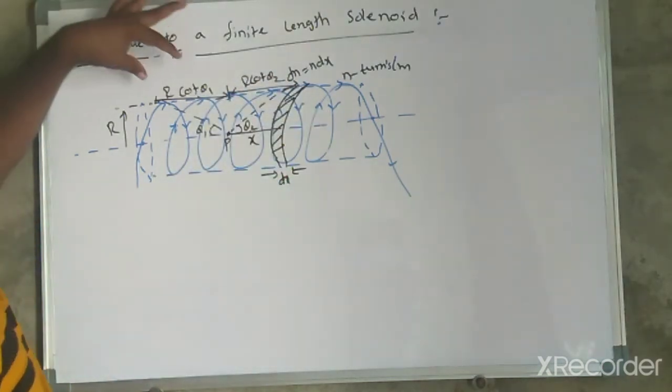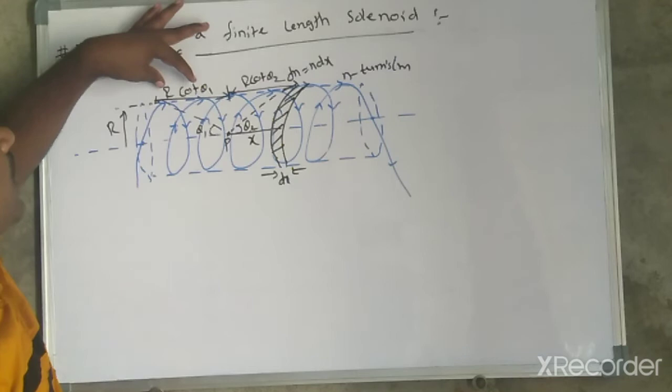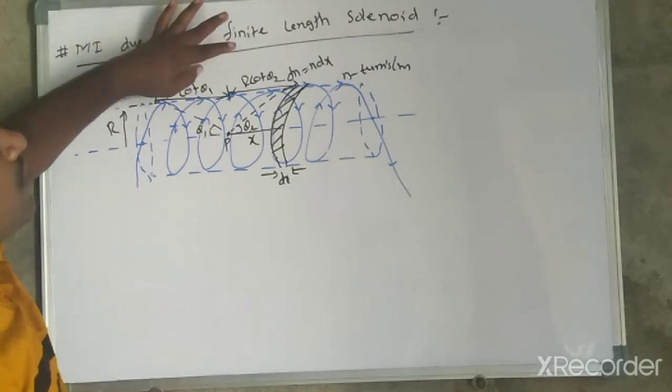It means the variable length has limits of r cot theta 1 and r cot theta 2.